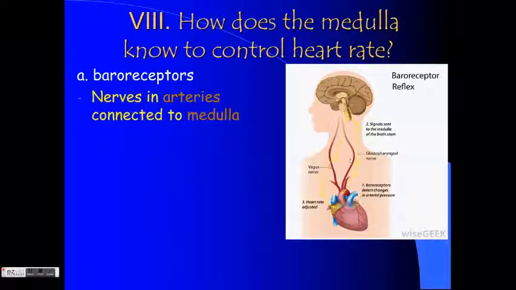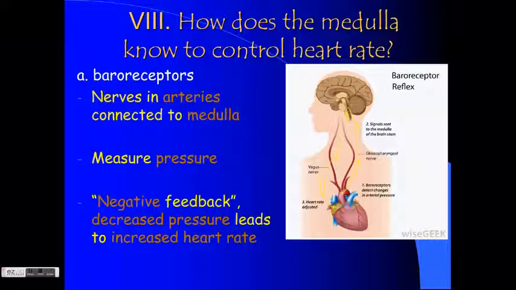When it measures the pressure, then what it's going to do is adjust your heart rate based on that pressure, but in what we call a negative feedback sort of process. In other words, if your blood pressure is high, it's going to slow your heart rate down, and if your blood pressure is low, if it decreases, then your heart rate will increase.